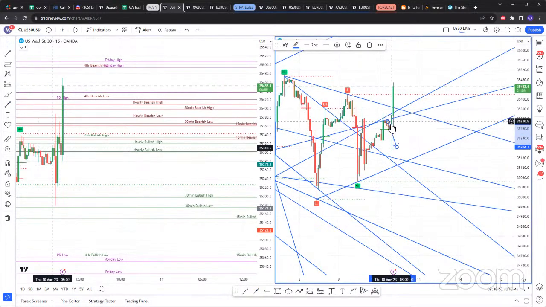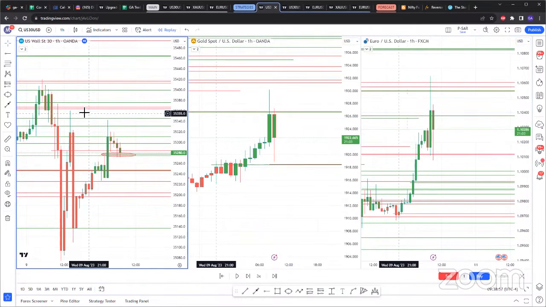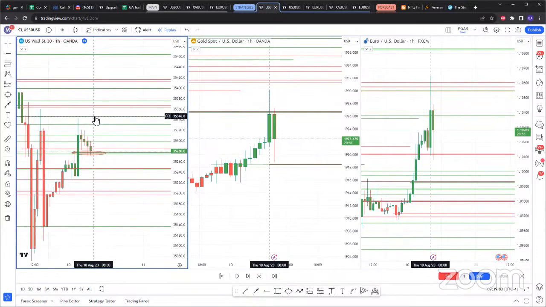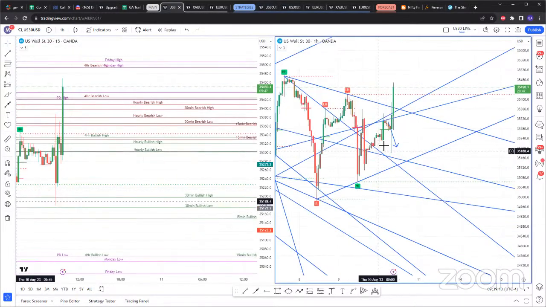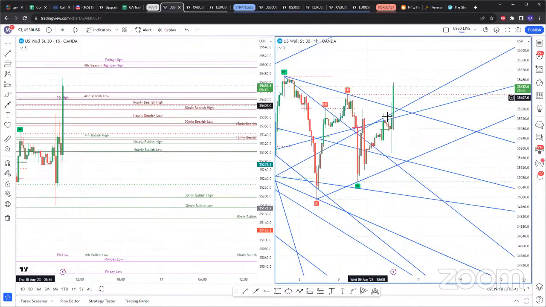I was looking for sell entries, but where I was looking for sell entries was above here at this double SAR right here. But by the time CPI was coming in, prices had not gotten to the double SAR sell zone. So I don't think I would have even taken that buy, because for me personally, my bias was a sell, because I was looking for this rejection from this trend line to continue.